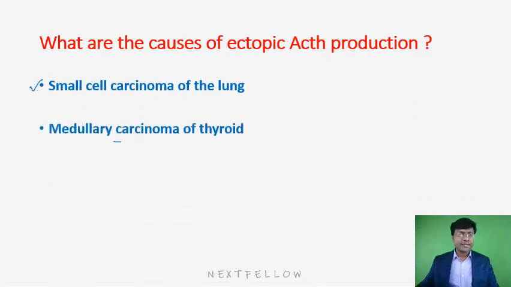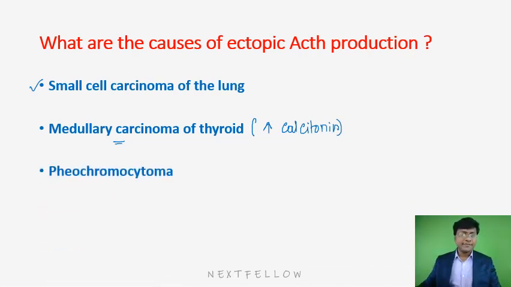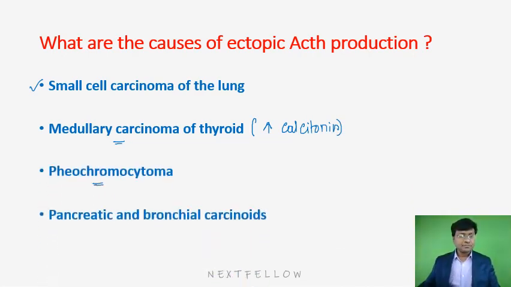Then medullary carcinoma of thyroid, the malignancy where there is excessive production of calcitonin. Then pheochromocytoma, a tumor of the adrenal medulla. And then pancreatic and bronchial carcinoids. So these are the causes of ectopic ACTH production.